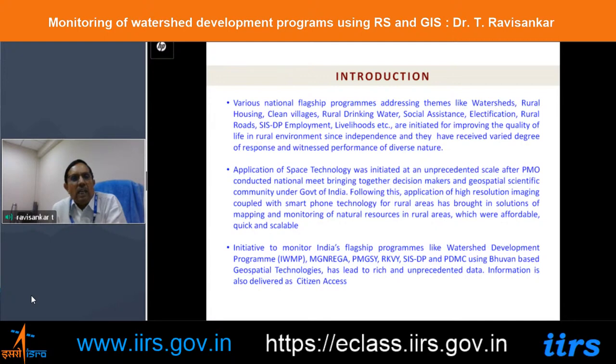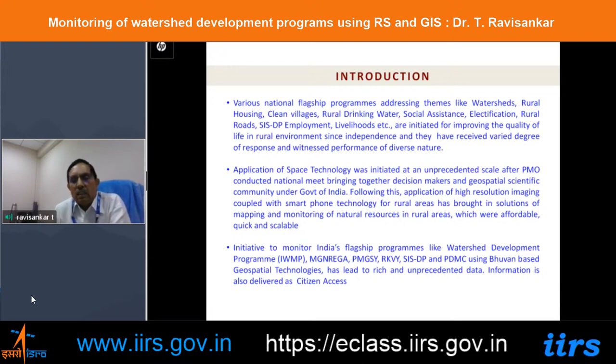They have received various degrees of response and witnessed performance of diverse nature. With modern times and the availability of space technology and tools, and continuous improvement in remote sensing satellite sensors, unprecedented developments have taken place after the 2015 national meet at Delhi at the instance of the Government of India.